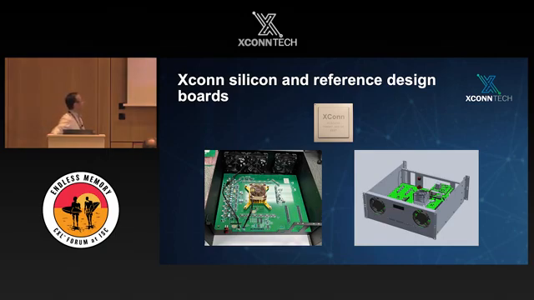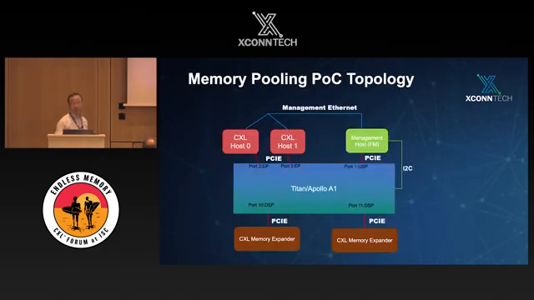In the middle, of course, is our switch, which has a small heatsink on top of it, and then we have many ports spanning out of this IC. This is our reference design platform. We've been using this platform to do a lot of validation and development. So let me show you the memory pooling, since today's topic is centered around this memory application.